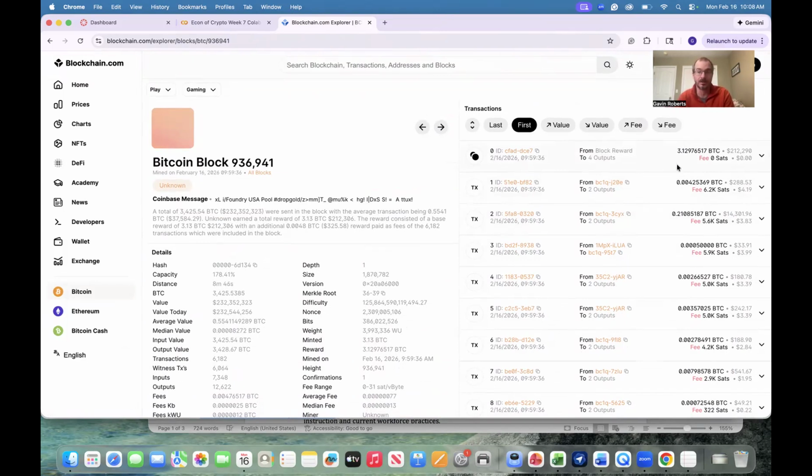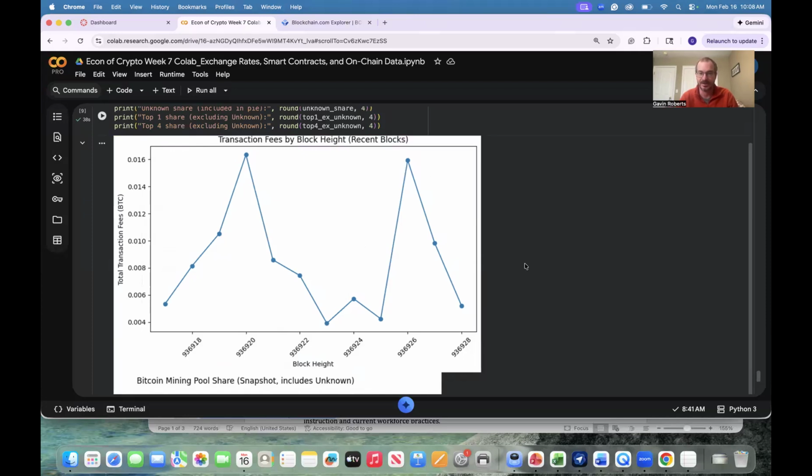That is more than the built-in block reward that still exists as a result of making new Bitcoin when we mine blocks, which we looked at last time. The additional is the cumulative transaction fees on all of the different transactions on the block. That's why these vary. On these blocks over here, we didn't get that many cumulative transaction fees, but on these ones we got pretty big cumulative transaction fees, so 0.016 Bitcoin.